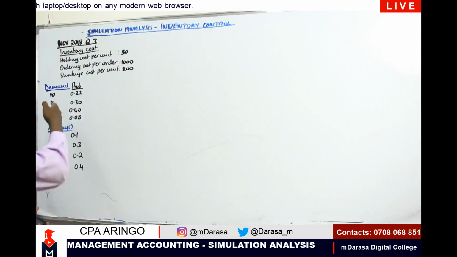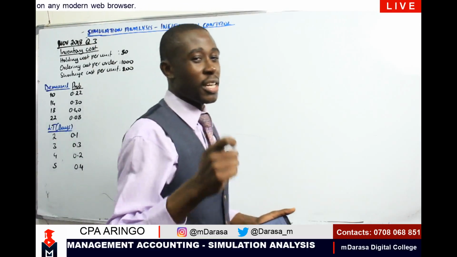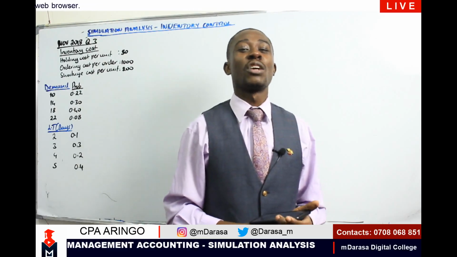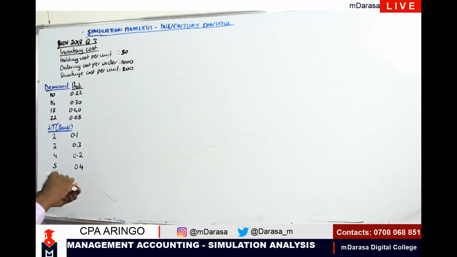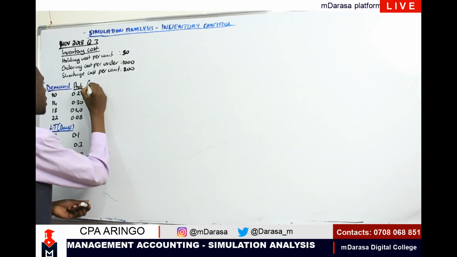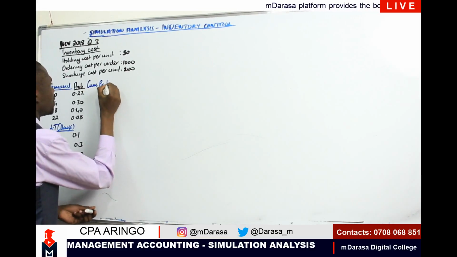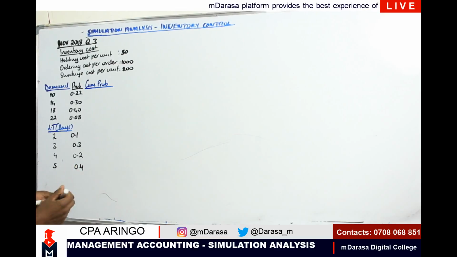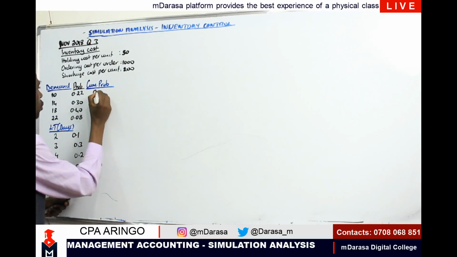After we've identified our variables and their probability distribution, second step, we have to prepare our cumulative probability distribution. How will you prepare our cumulative probability? This is what you're going to do. I'm having 0.22.